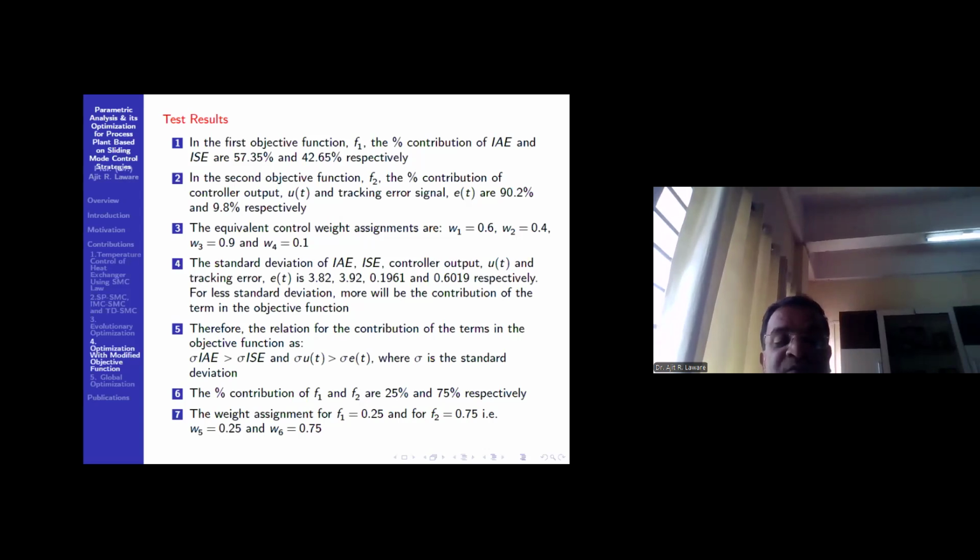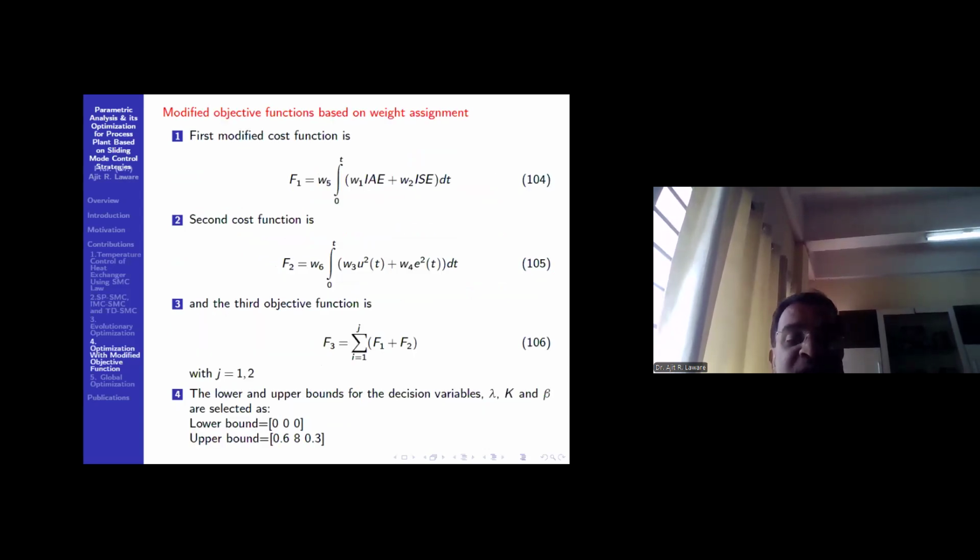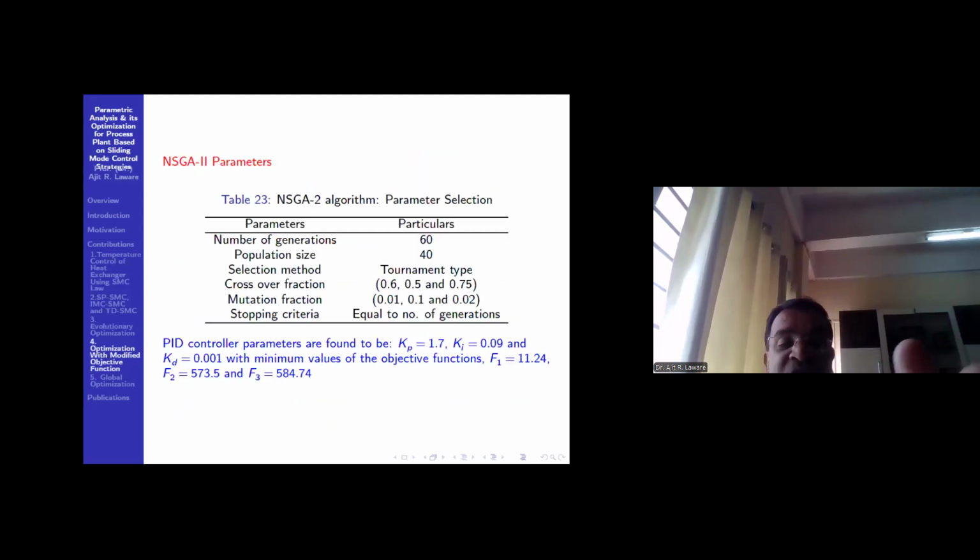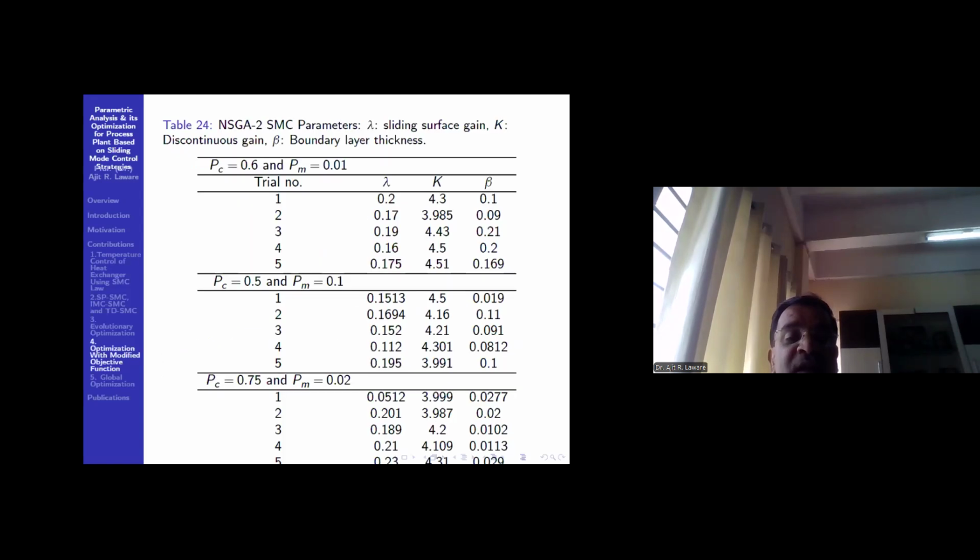So the weight assignment for F1 and F2 is 0.25 and 0.75, and W5, W6 are given here. Here the modified cost functions or objective functions are F1, F2 and F3. Based on the percent contribution and standard deviation, you can modify the objective functions. These are the NSGA2 parameters. I have changed from the previous experiment the number of generations to 60, and kp, kd, ki.